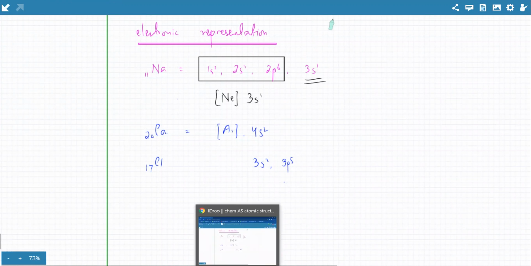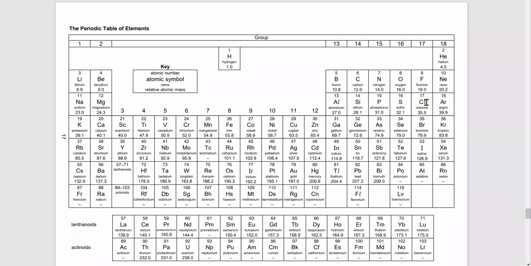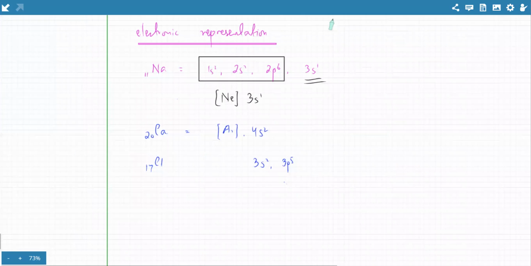Before chlorine, the previous noble gas is neon. So it's neon, followed by 3s2 and 3p5. This is a shortcut. Without writing the entire electronic configuration, you can pretty much figure out the configuration of the element.